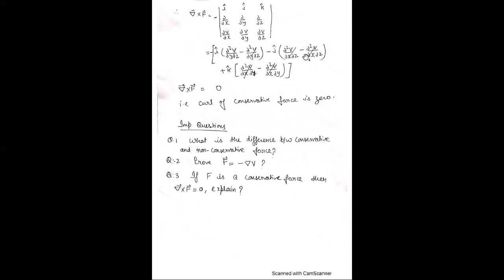These cancel each other, and we get 0. Therefore del cross F is equal to 0, meaning the curl of a conservative force, or the curl of a force field, is always equal to 0.